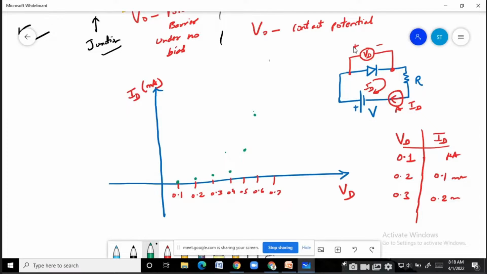At point 7 you're somewhere here. This way you get these points from this table, and you connect all these points with a free hand, and you get an exponential kind of characteristic like this.